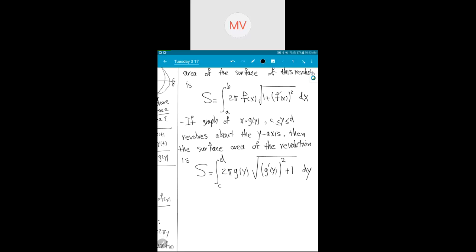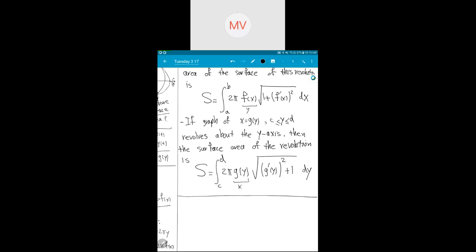In case of parametrization, depending on which axis you're going to rotate it, either you're going to have 2 pi y in the case of x-axis, or it's going to be 2 pi x. And then your integration with respect to dt. We'll see if we can find an example of that in the Q1.